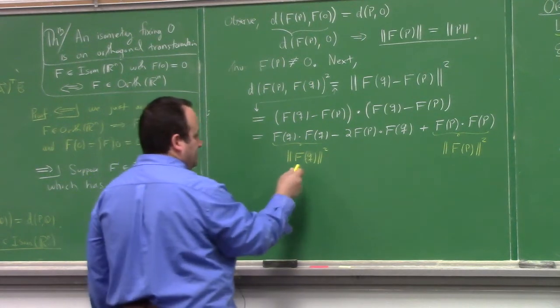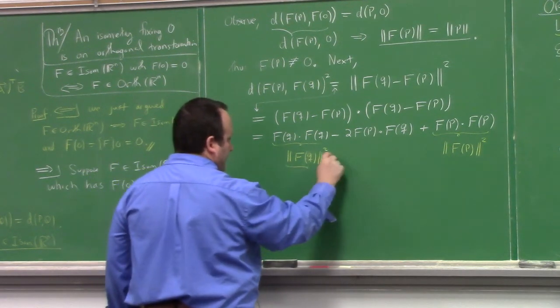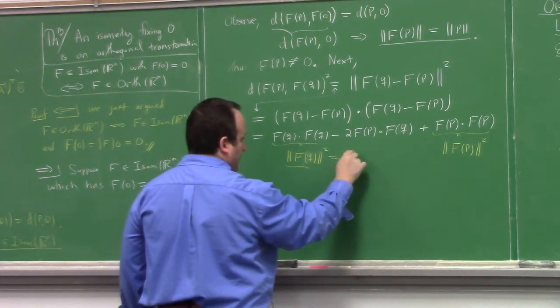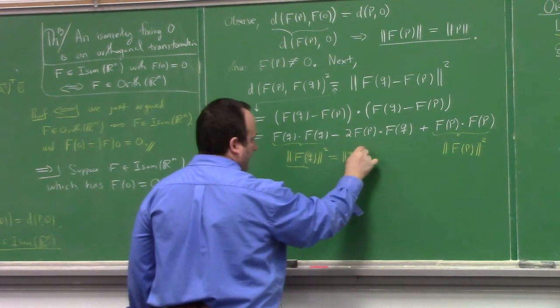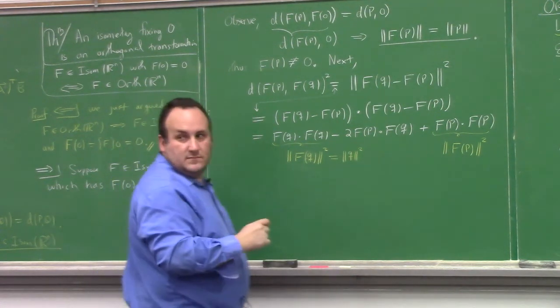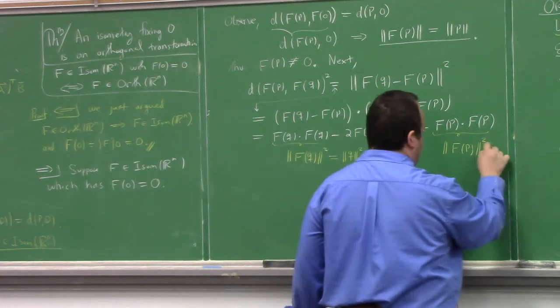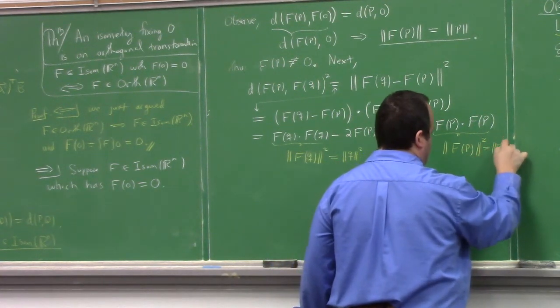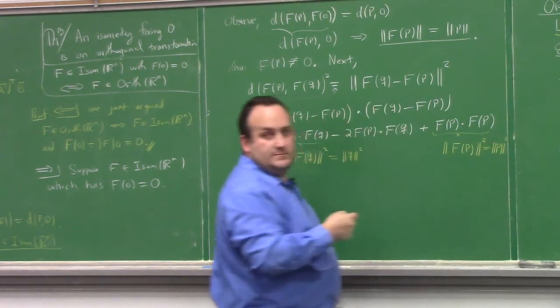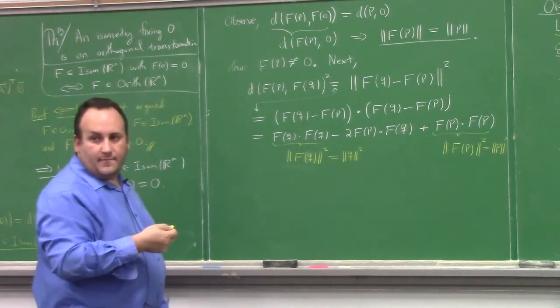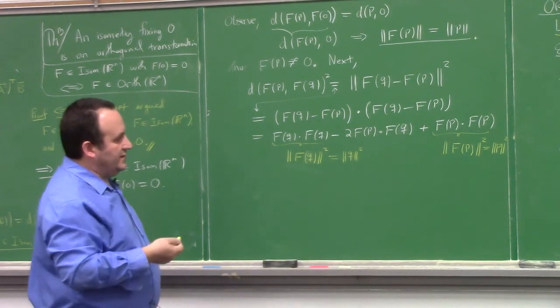But what is that? I mean, this is equal to the norm of q squared, right? And this is equal to the norm of p squared by our observation before this. So that's kind of neat.